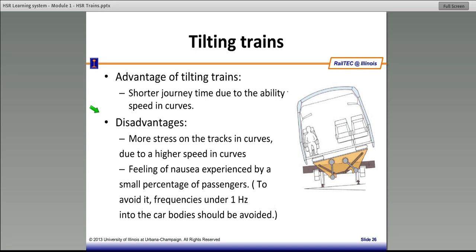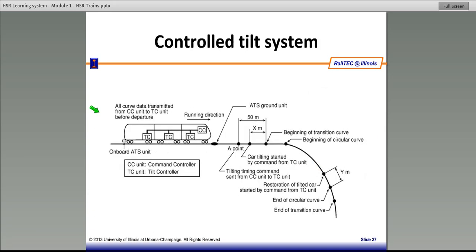High-speed trains use the active system. Some high-speed trains, like the ICE train or the Talgo train, have used this type of technology. They use the controlled tilting technology. Basically, with this controlled tilting technology, before the train enters a curve, the train will start making some tilting, pre-tilting.